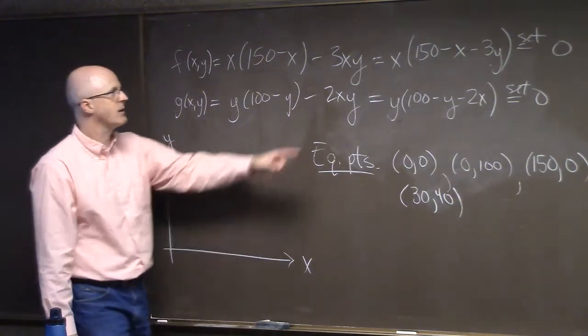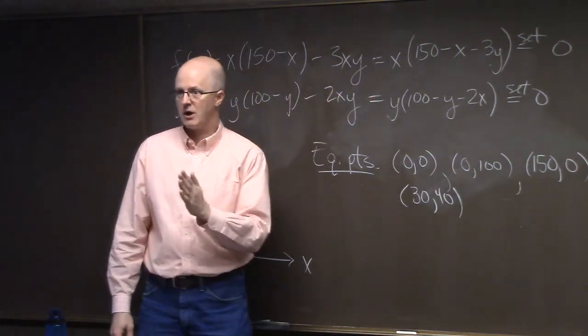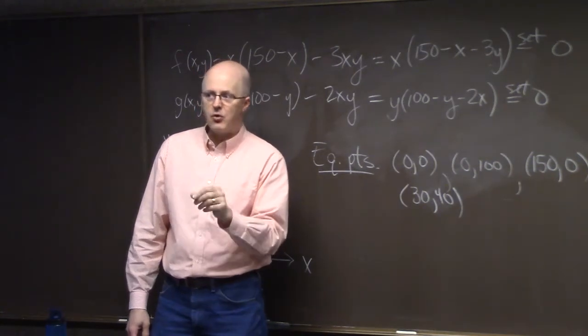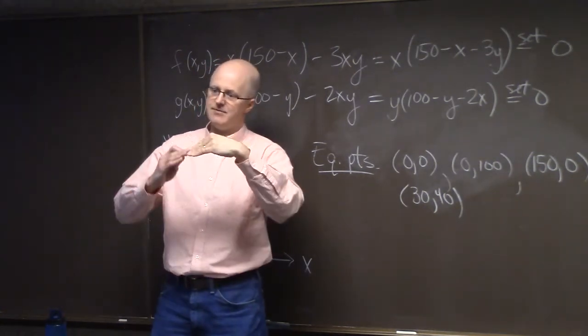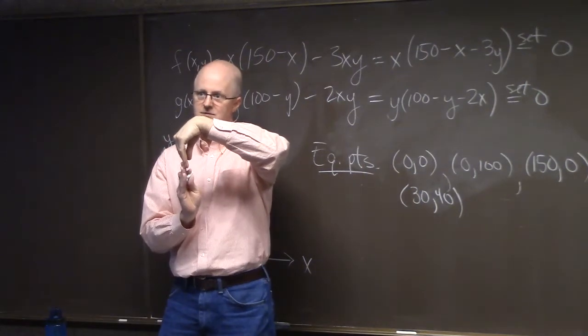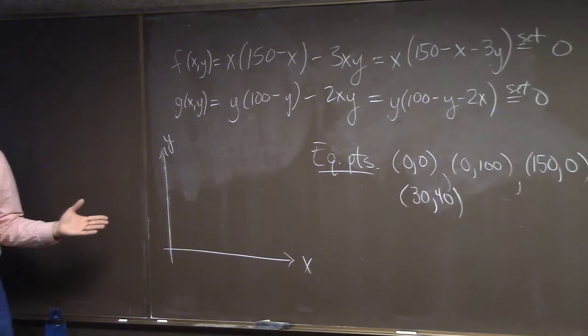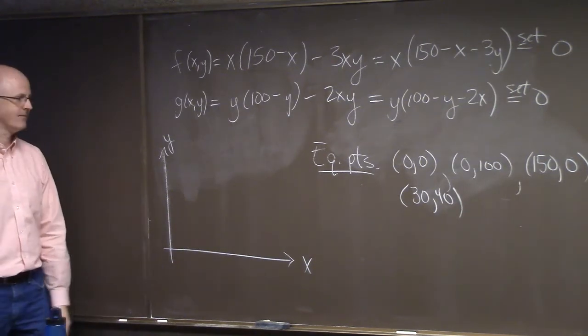The x nullcline is where dx dt is 0, so solution curves are vertical, straight up or straight down. They cross with a vertical tangent if the nullcline itself is not vertical. But this nullcline is vertical, so solutions that start on this nullcline stay on the nullcline.